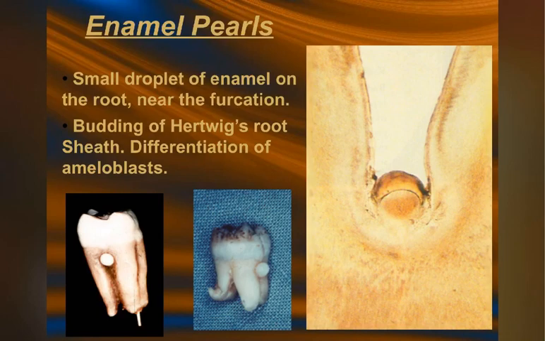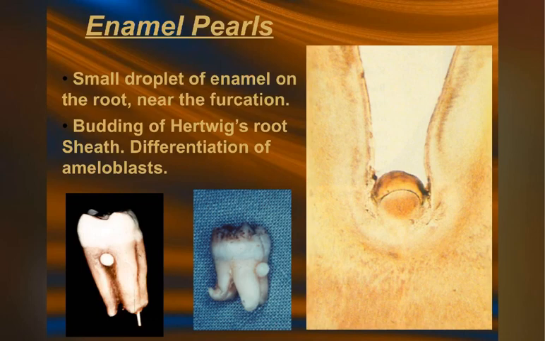Now we'll talk about enamel pearls. Enamel pearls are extra enamel, found accidentally in the furcation areas of roots of teeth.